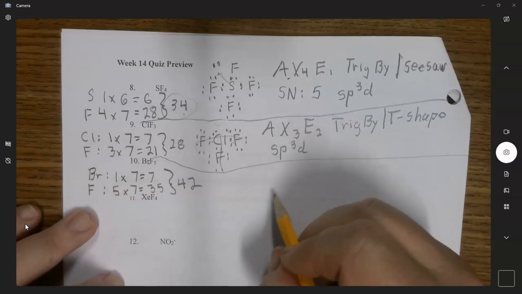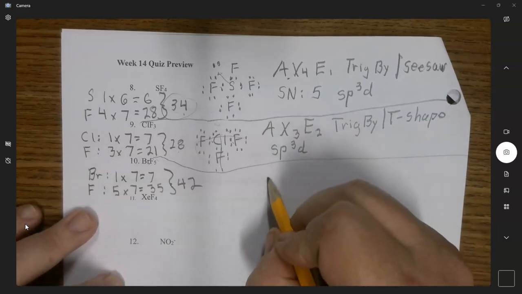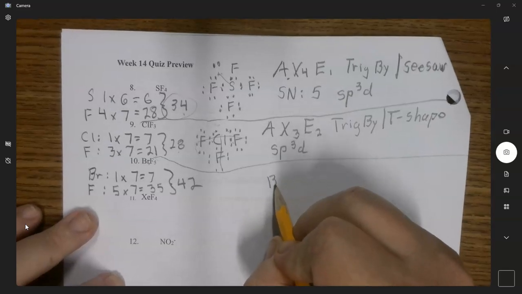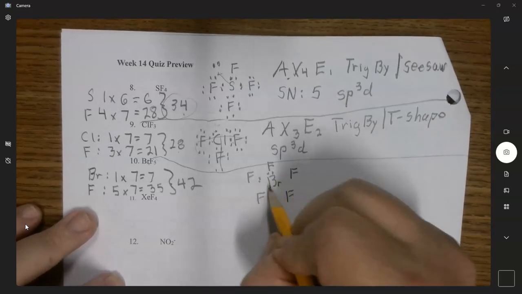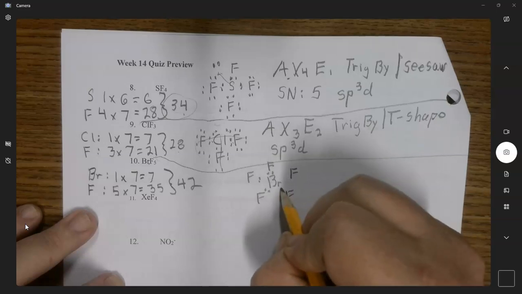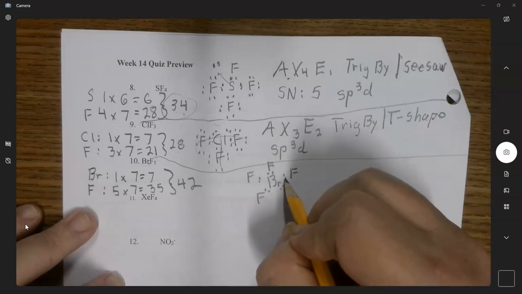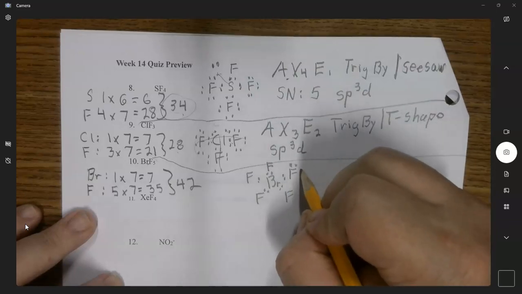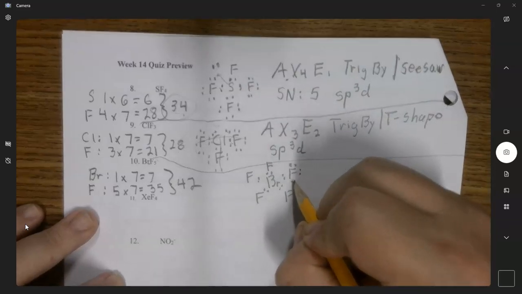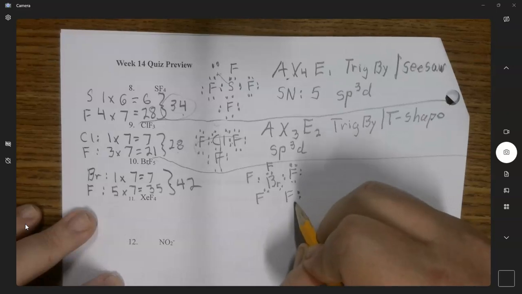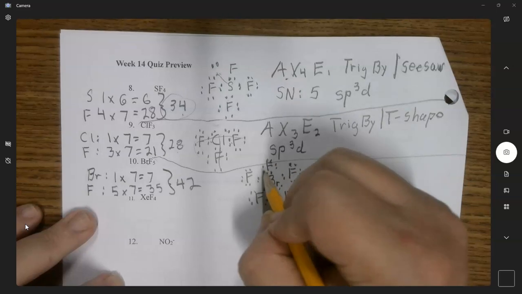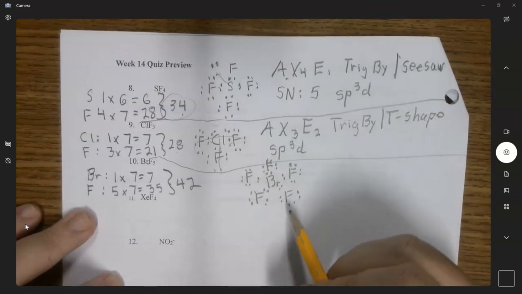Okay, again, you've got to kind of make a star shape. I'll see if I've got enough space to do that. Didn't give you very much space. So 5 bonding domains, and we're just going to quickly put lone pairs, complete octets, around all the fluorines. So that's 5 times 8 is 40.